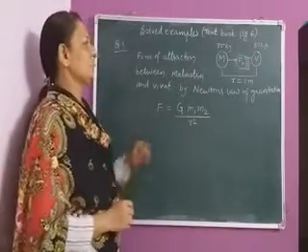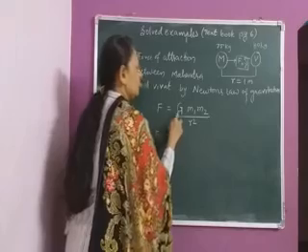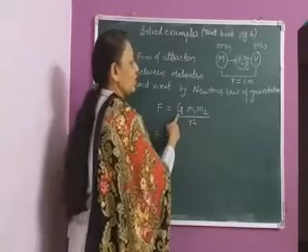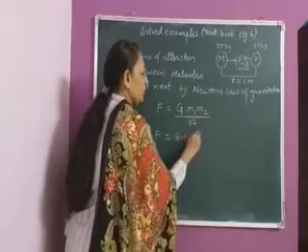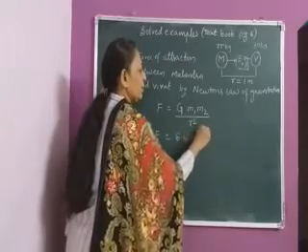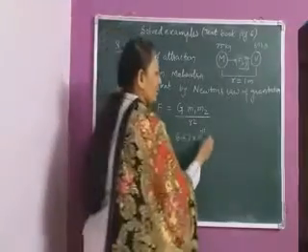Let us substitute all the values. Force is equal to the value of the universal gravitational constant, 6.67 into 10 to the power negative 11 Newton meter square per kilogram square.